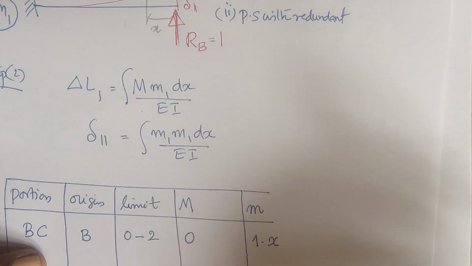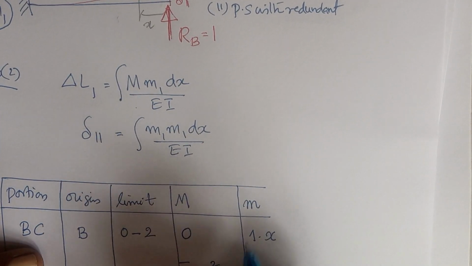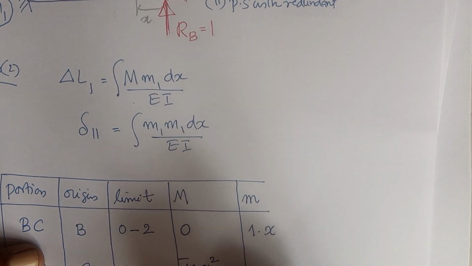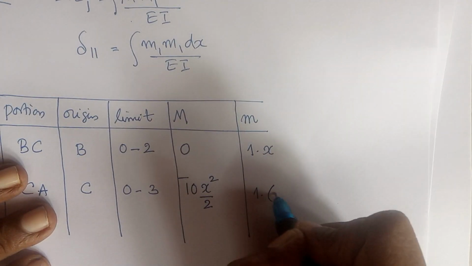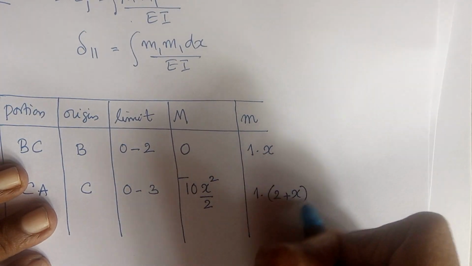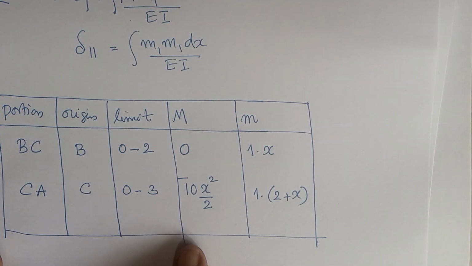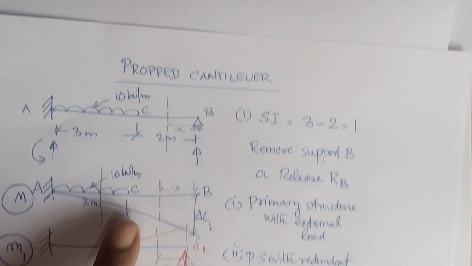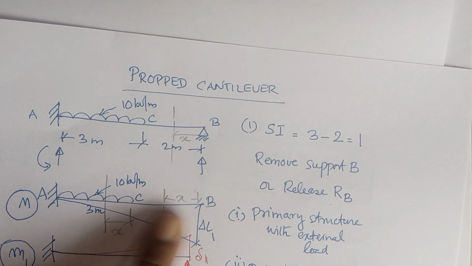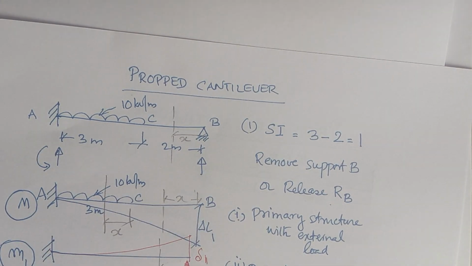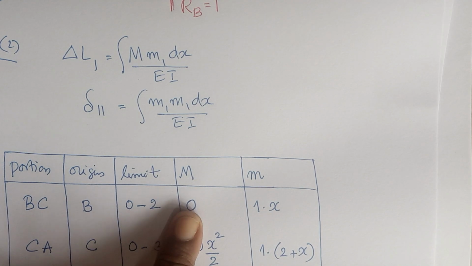And for this next portion, it is 1 into 2 plus x. Explain this once again. For the portion BC in the M diagram, at a distance x from here, right of section, there is no load, so the expression is 0.